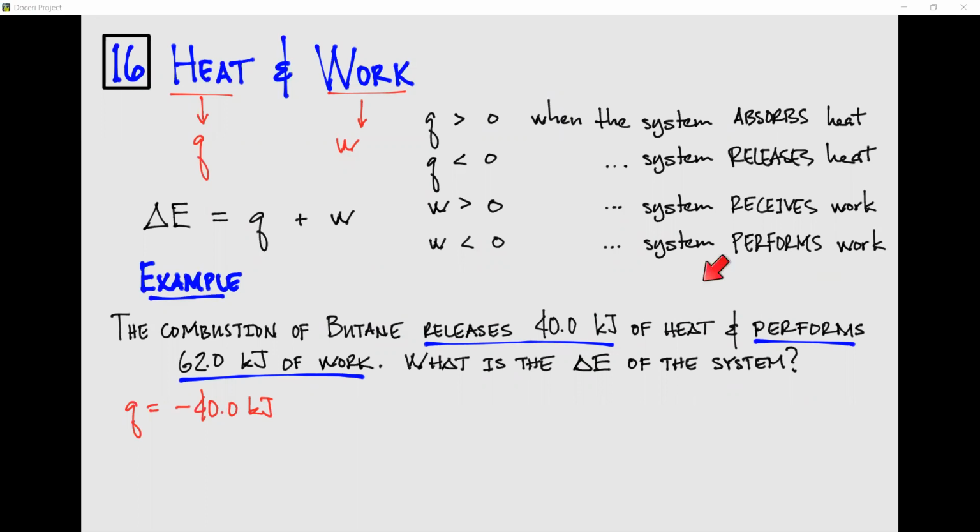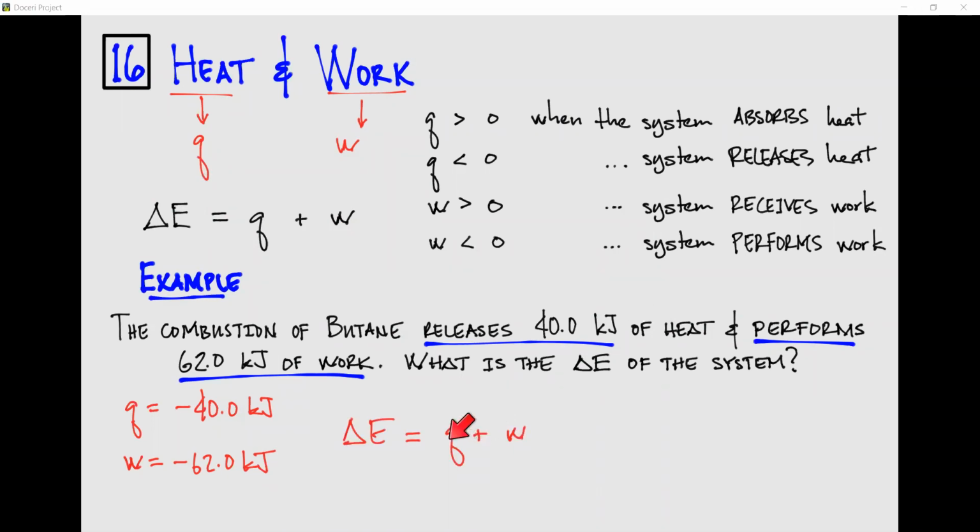All right. And because the system, the chemical reaction here, is the one that's performing work, it requires energy in order to perform work. And so you would give this a negative sign as well. So that would be w equals negative 62 kilojoules. Now we can use this equation right here to calculate delta E, the change in the energy of the system.